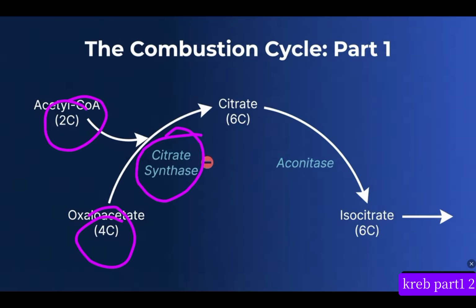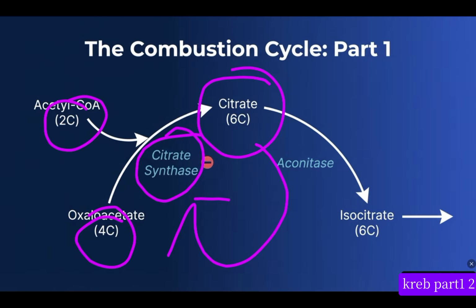Now, whenever there is a high level of citrate in our body, these citrates will start inhibiting citrate synthase. And when citrate starts inhibiting citrate synthase, it will reduce the conversion of acetyl-CoA and oxaloacetate to what? Citrate. And whenever we have this high citrate, ATP will also come and start inhibiting this what?